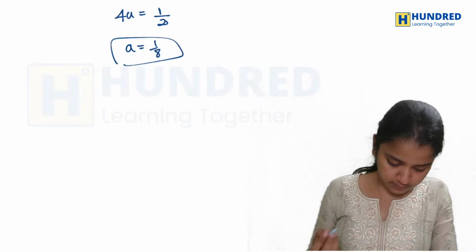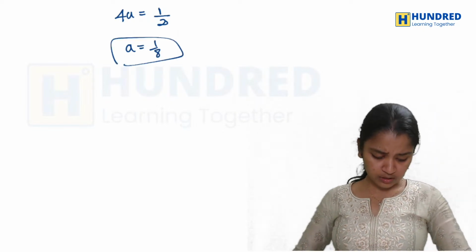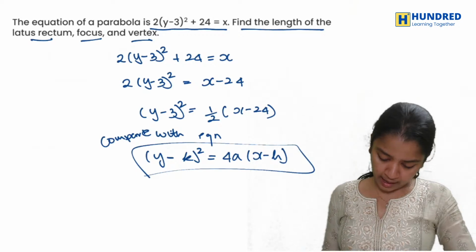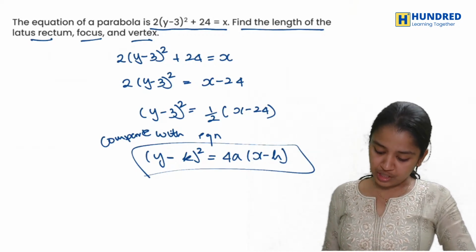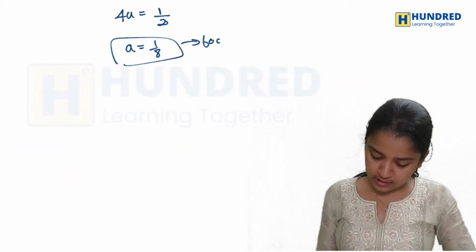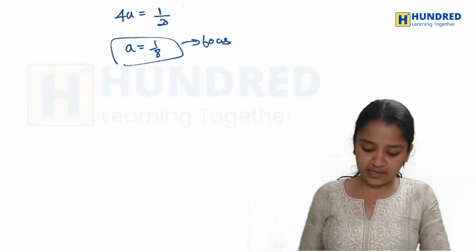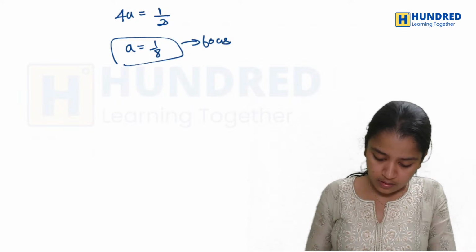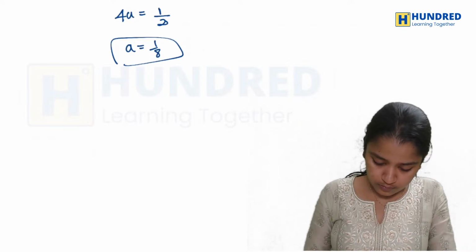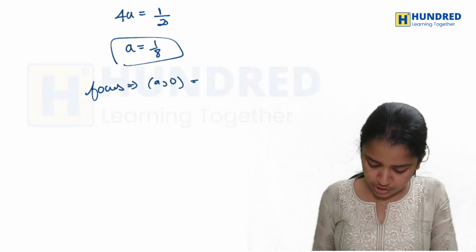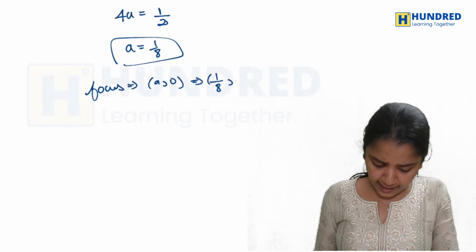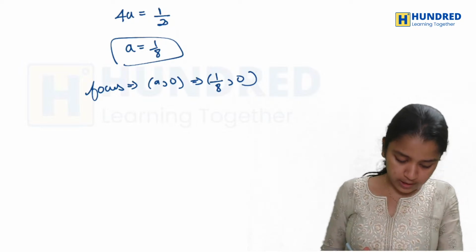Now I have to find the h comma k. The focus will generally be a comma 0, which is basically 1 by 8 comma 0. That is how it will be.